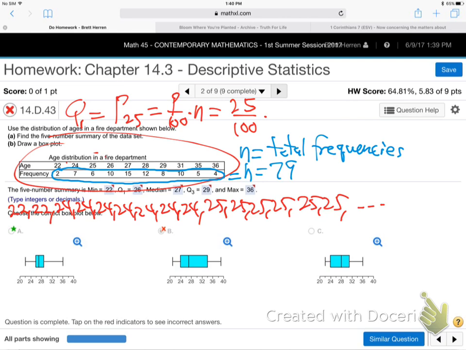Anybody else get that? I think it's 89. I got 79 again. Did I mess up? I could be wrong. What you got? Calculator? Okay, 79. So 79 total numbers. So that's your N.